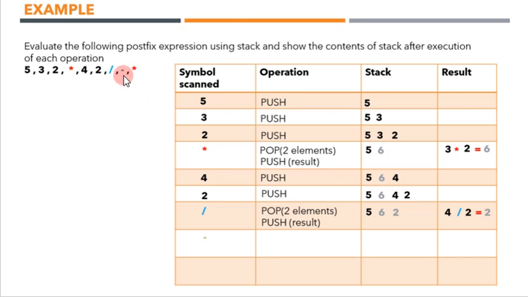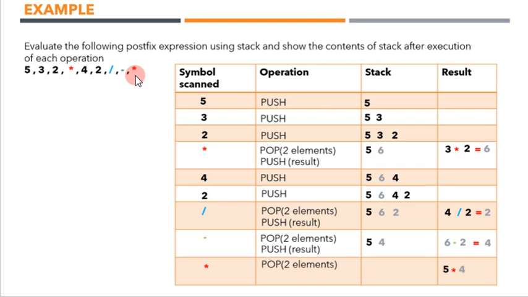Cool. Moving ahead, what is the next symbol? It's minus. Okay, so again repeat the same thing. Pop 2 elements. So 6 and 2 will be popped out. Perform the calculation, find the result and push the result back into the stack. Cool. What is the last symbol left? Again a multiplication. Repeat it. Pop 2 elements. 5 and 4 are popped out.